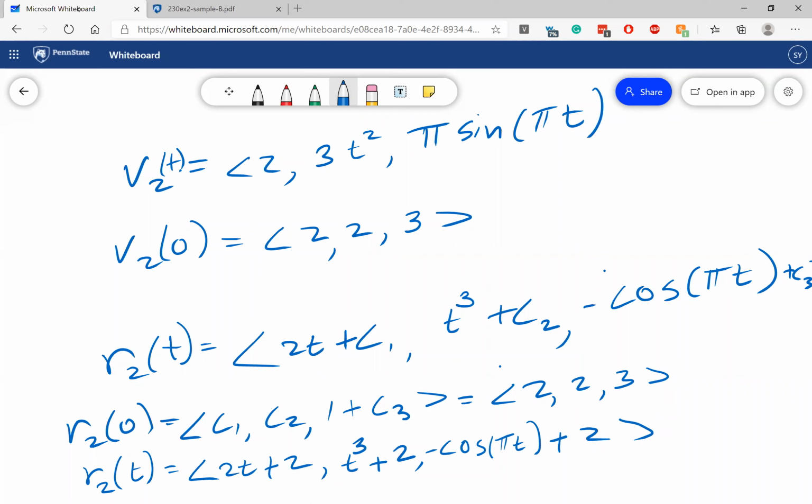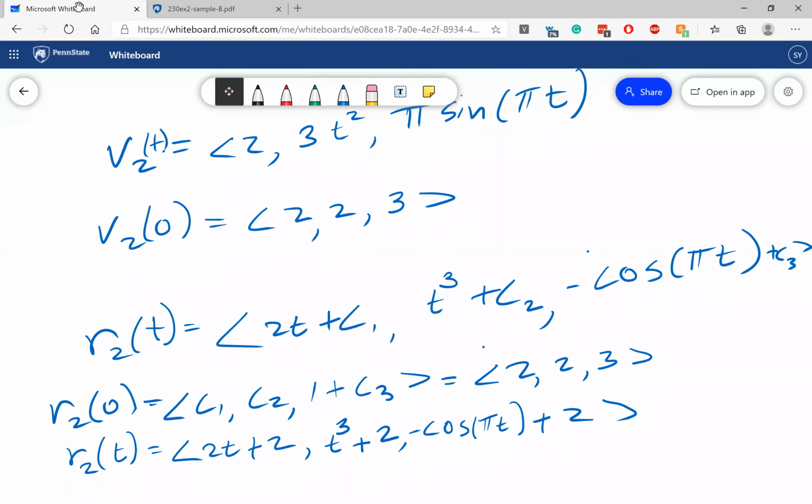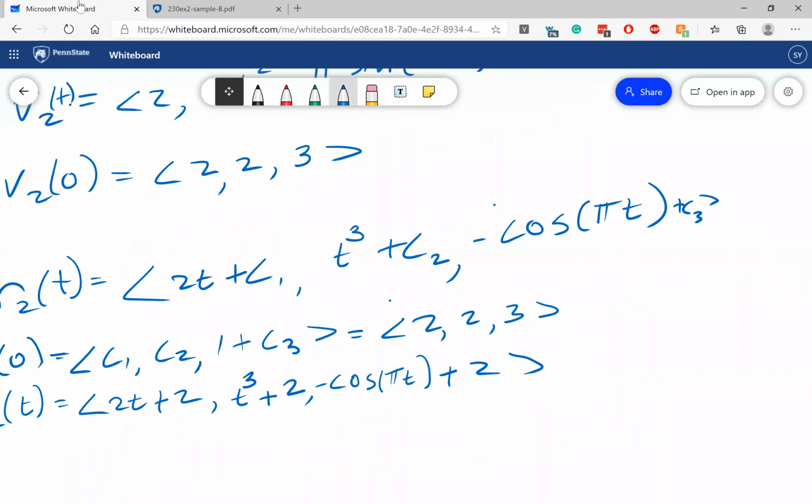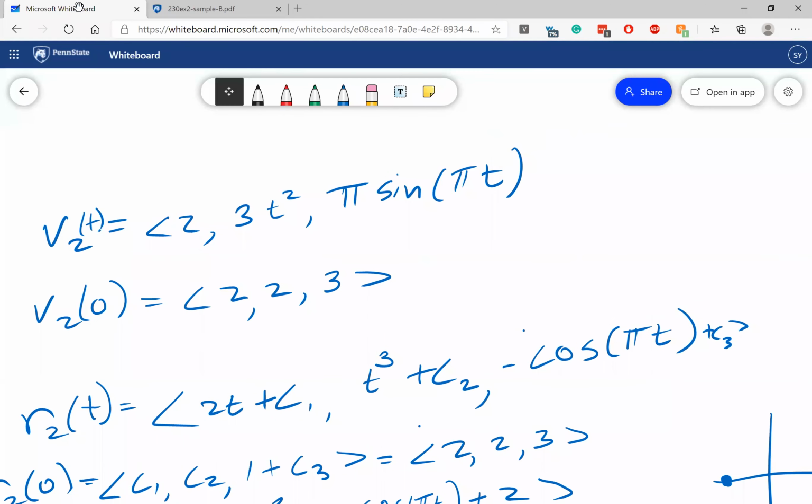Hey, real quick, can you explain how it's 1 plus C3? Because I kept getting negative 1 plus C3. Yeah. So this is cosine of pi, right? And then there's a negative in front of it. Yeah, I thought it would be cos of 0 if you're plugging 0 into t, though.